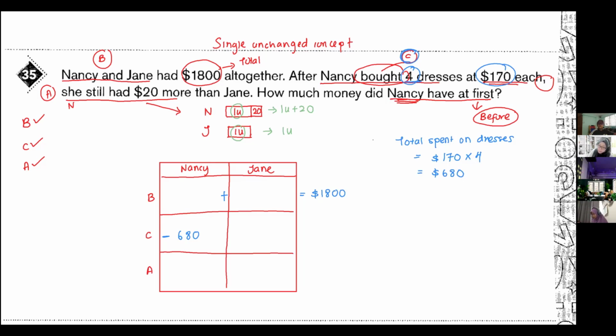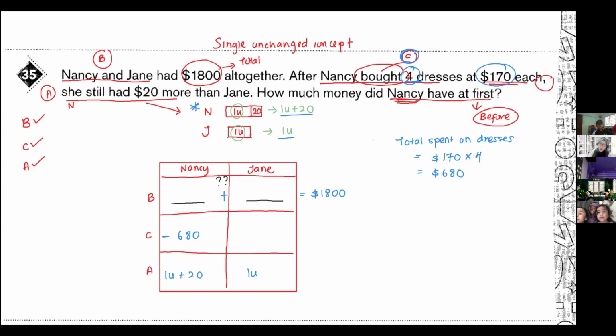So for my after information, over here, remember, Nancy is 1 unit plus 20, and Jane is 1 unit. Okay. And then what happened is there are blanks for me to fill in. Nancy and Jane. Especially, I want to know how much money Nancy has before. I want to know this information. How do I get that information?